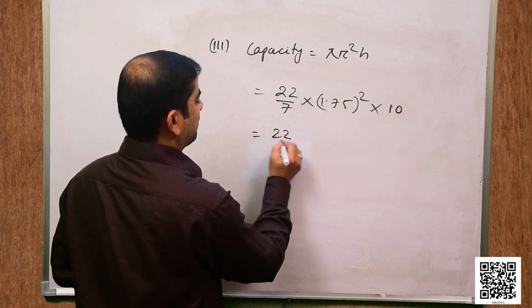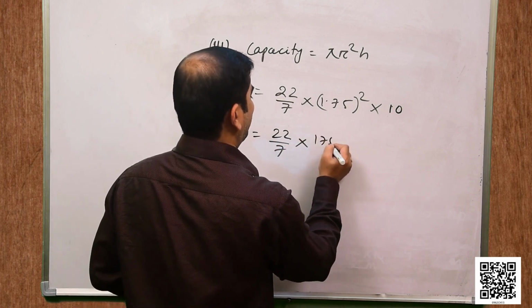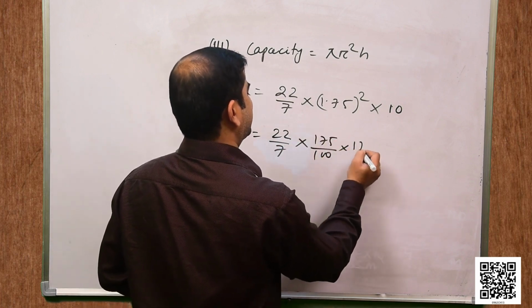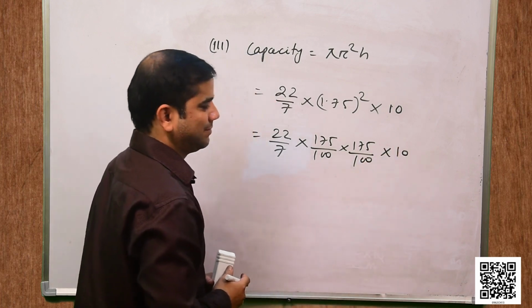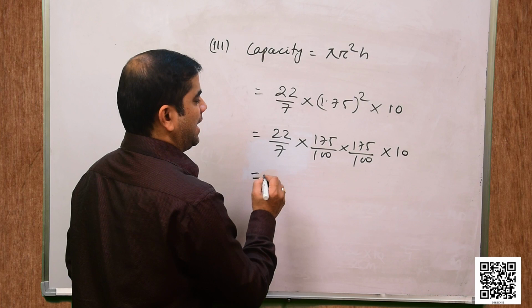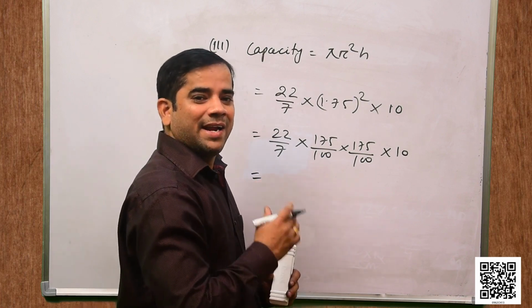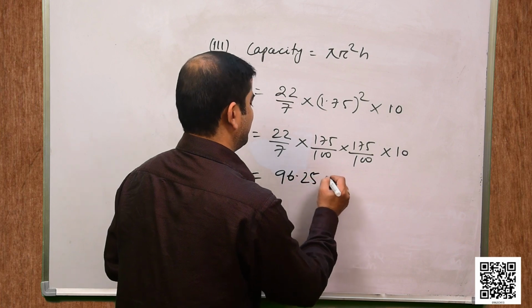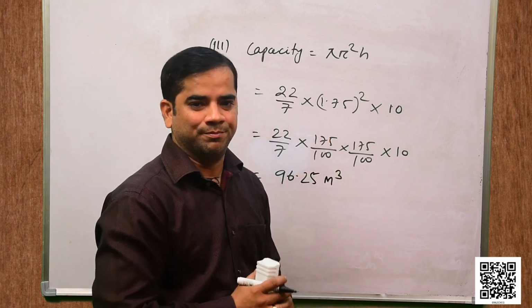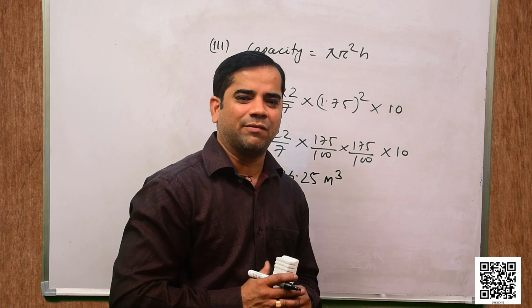So, 22 by 7 into 175 by 100 into 175 by 100 into 10. So, when we calculate, it will be 96.25 meter cube.